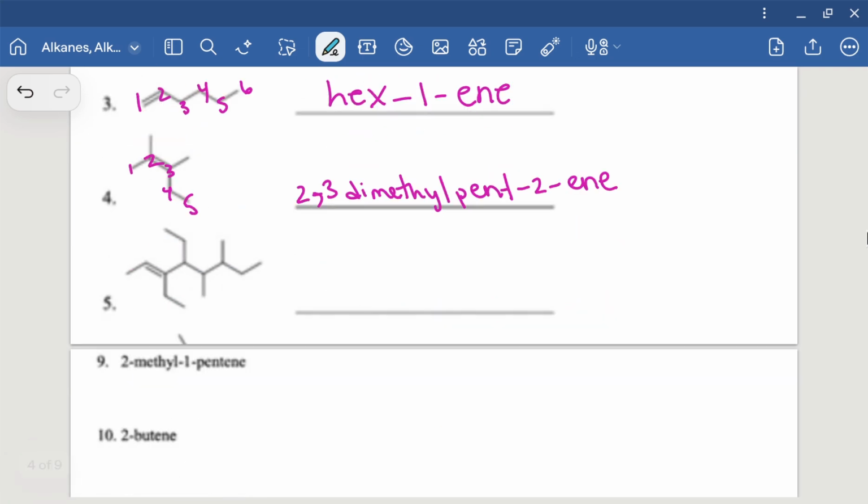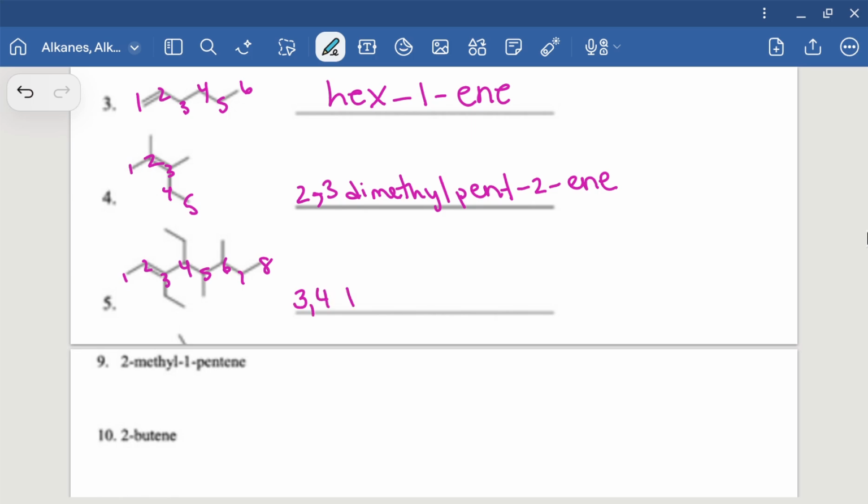Again, finding your longest chain, we have 1, 2, 3, 4, 5, 6, 7, 8. And with your longest chain, it must contain the double bond. So on carbon 3 and 4, you have ethyl groups, and 5 and 6, you have methyl groups. So alphabetically, E comes before M, so we're going to name those first.